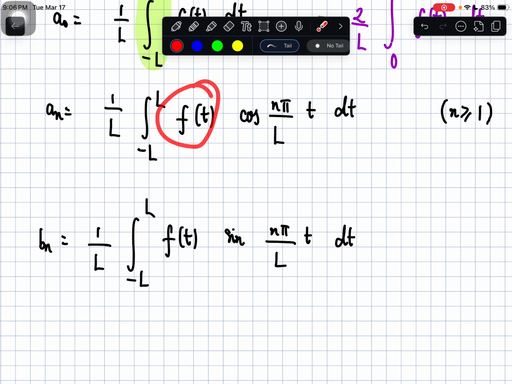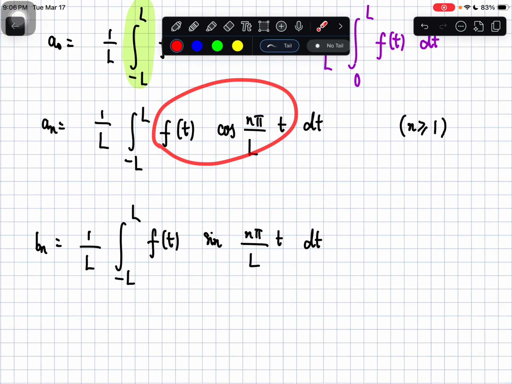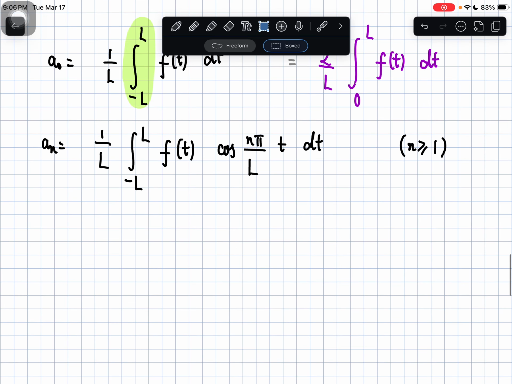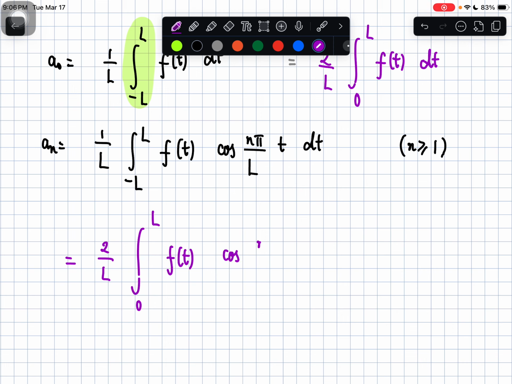F(t) is even, cosine is even, so this one is even. So an equals 2 over L times the integral from 0 to L of f(t) cosine(n pi over L t) dt. This is an.